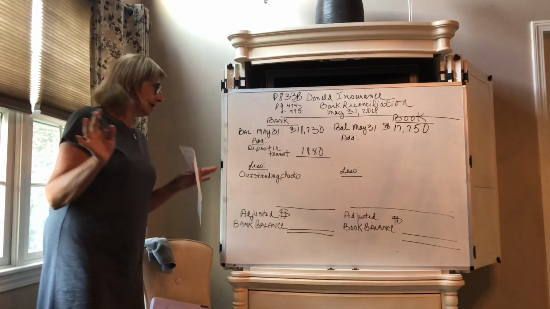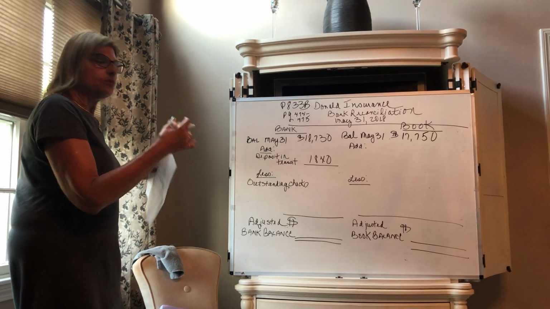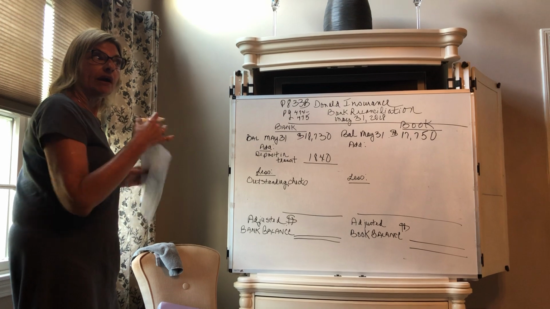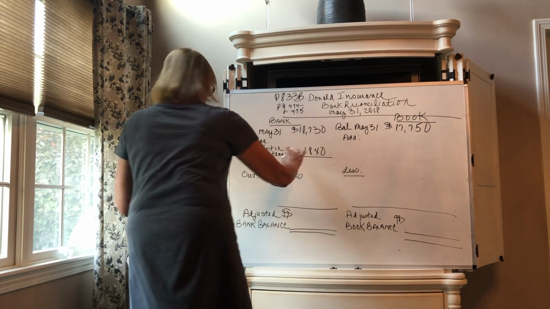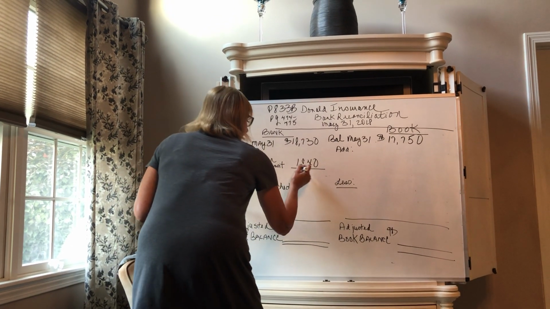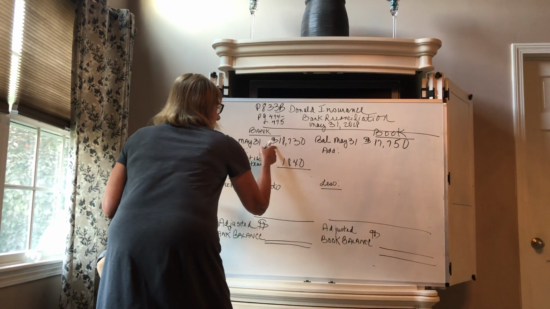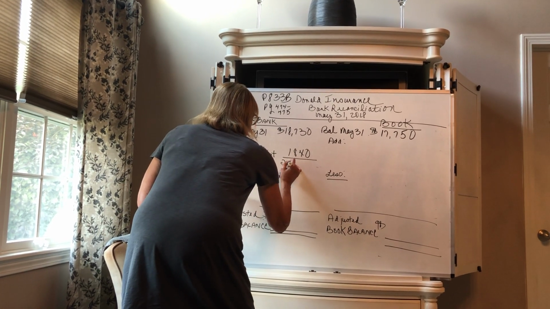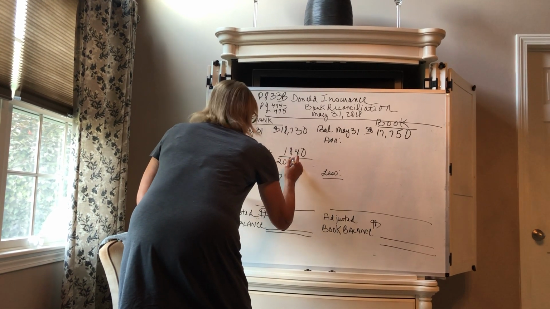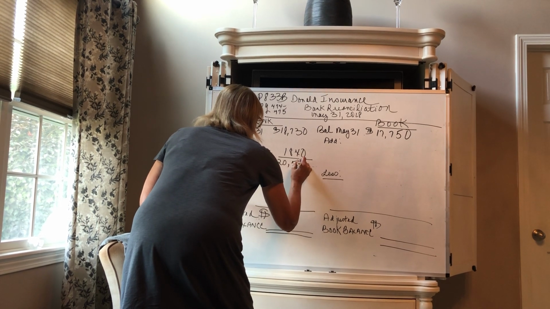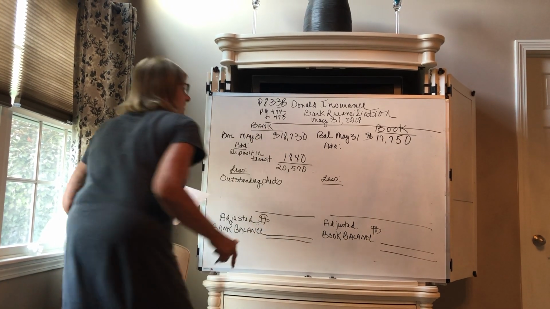Didn't make the statement. So what they like to do is do a little subtotal when you add or subtract something. So I'm going to do the same. So when you add that $1840 to the $18,730, you get $20,570. So that's our little subtotal that we'll have to subtract from.